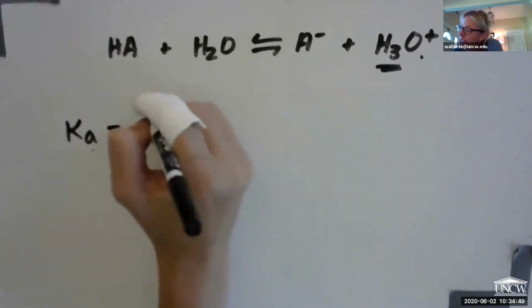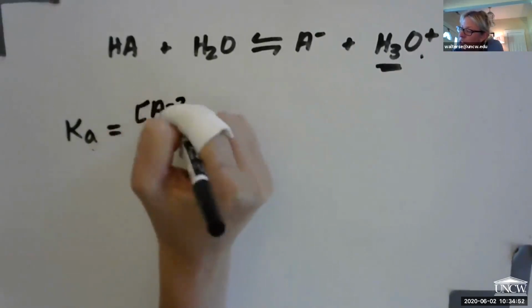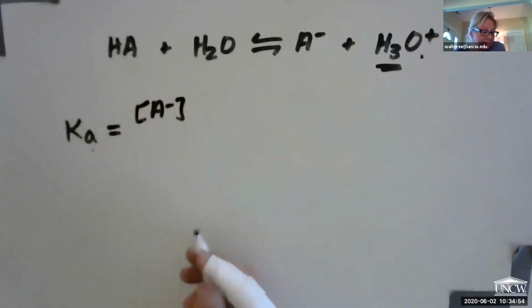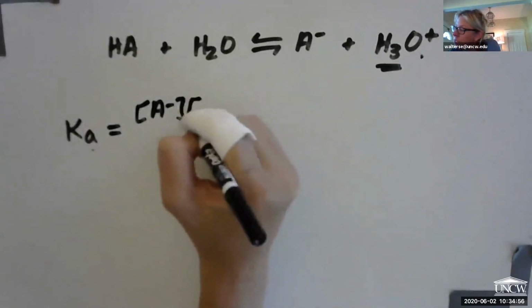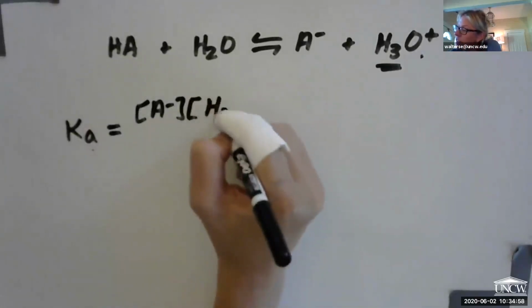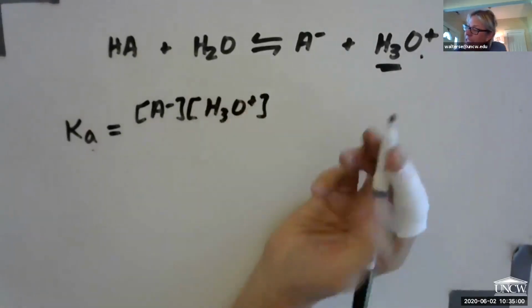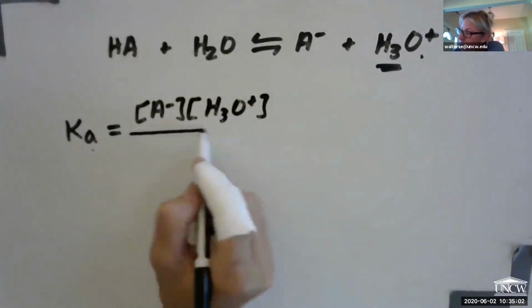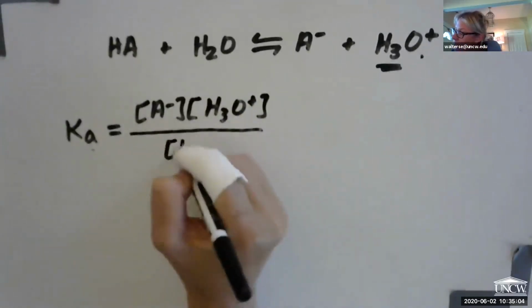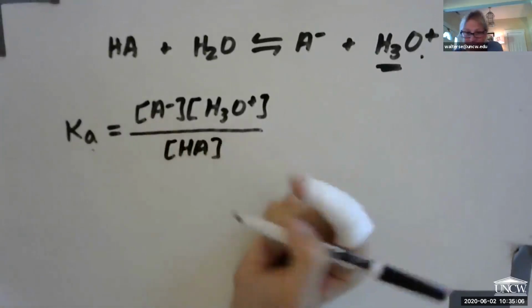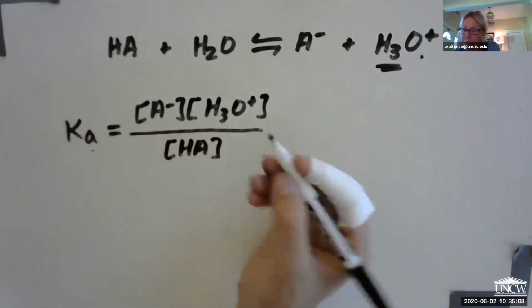So Ka is going to be equal to the concentration of the anion at equilibrium times the concentration of the protons or the hydronium cations divided by the acid concentration at equilibrium.